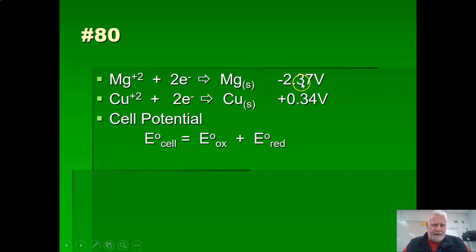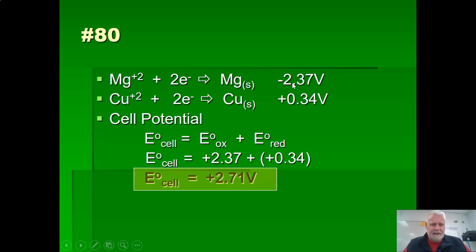You have to find the smallest number and flip the sign. That's the smallest number, and I flipped the sign, and that's the E0 ox. So the smaller one, flip the sign, don't do anything to the bigger one, add them up, and you will get the voltage for that battery. You remember we made batteries and competed on that, and that was kind of fun.